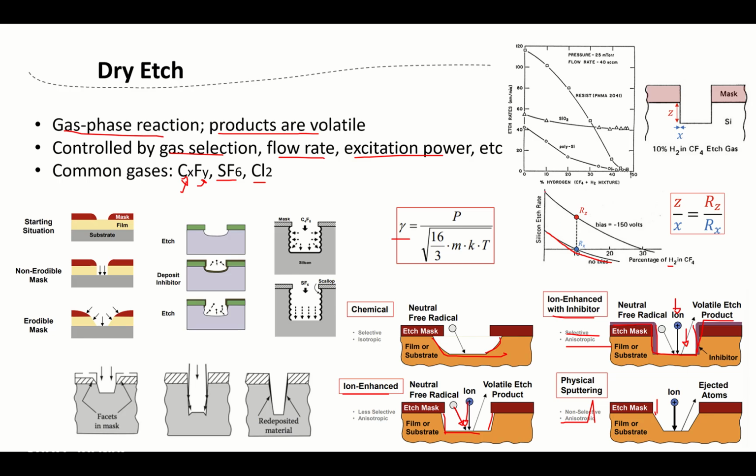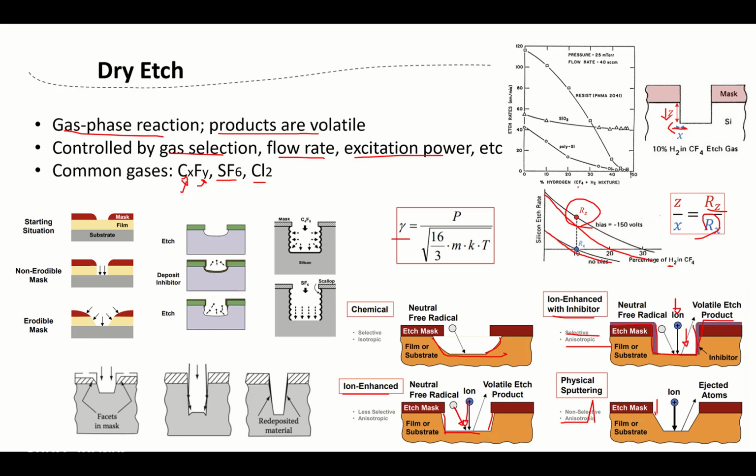However, if we start increasing the voltage bias, we will have not only the chemical etch but also an ion bombardment rate. So Rz is the etch rate for the vertical one, Rx is the lateral one. If we increase the H2 and apply a bias, then we can get really anisotropic etching.